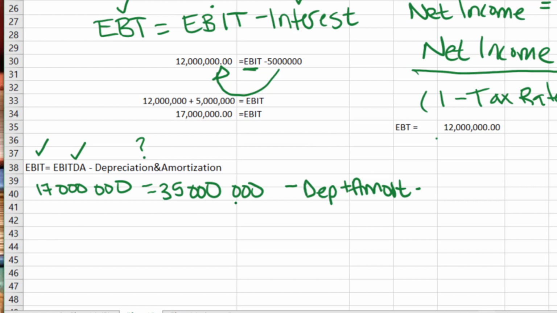Okay. So we need to get this depreciation and amortization alone. And also I'd like to make it positive. So if it's negative on this side of the equation and I move it over here, it'll make it positive, right? So if I was looking at what that would look like, it would end up looking something like this.